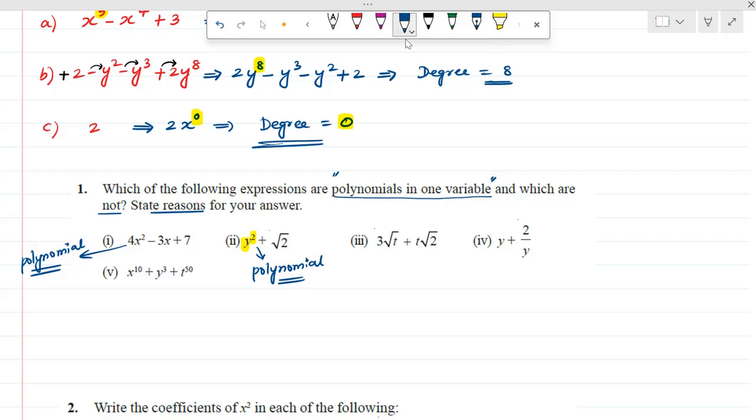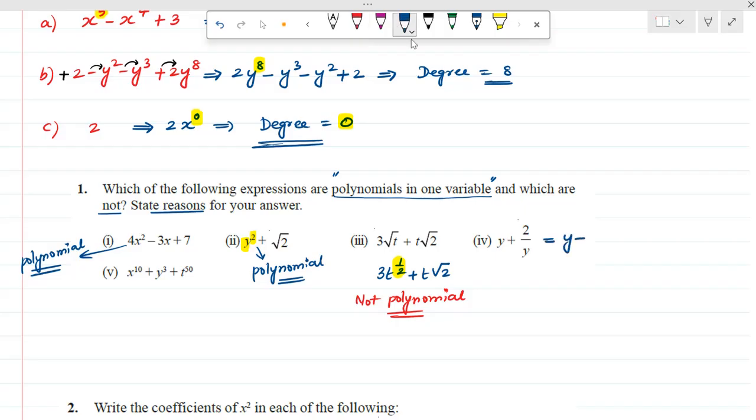Now what about here? See this one, 3 to the power half plus 2 times root 2. So here if you see the power of t, it's a fraction. Therefore not a polynomial. Why? The reason is the power of t is a fraction. That's it. Now what about this part? I write it in order.